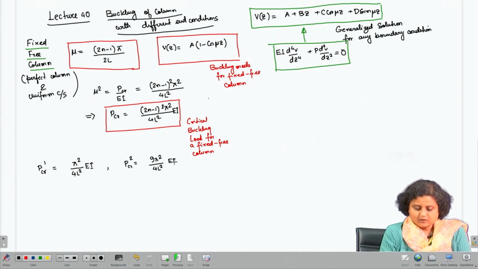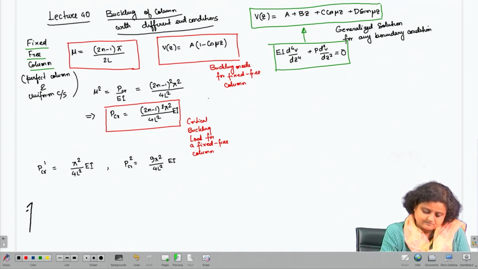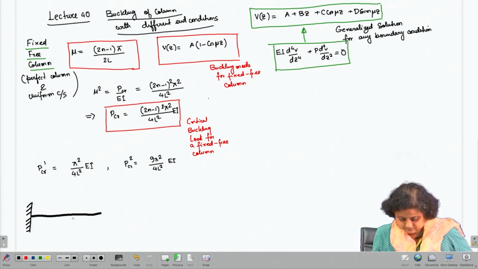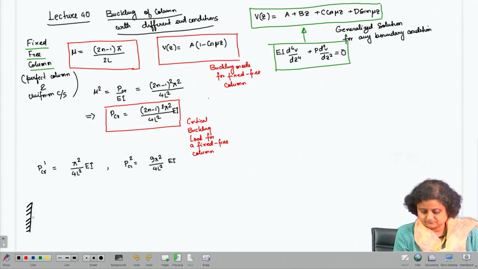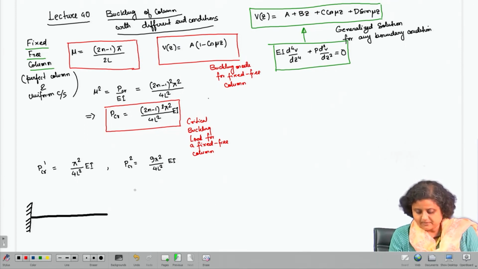So, if I draw the column for the first buckling mode, this is what we are going to see.